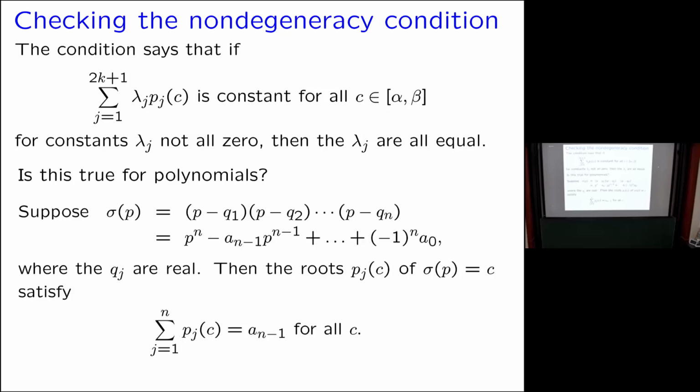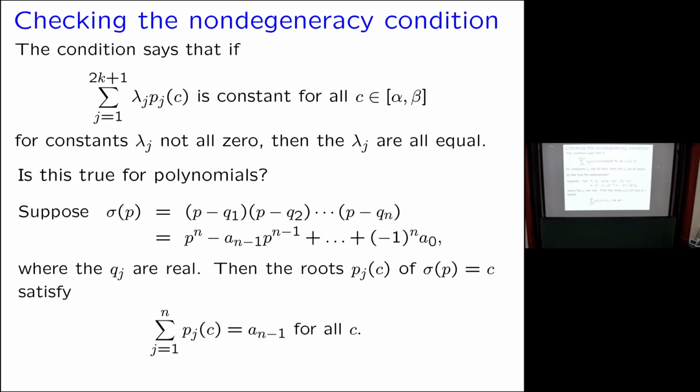Well, suppose you've got a polynomial sigma, which is p minus q1 times p minus q2 up to p minus qn, with real roots qi. So it's a real polynomial. Then, of course, the roots of sigma of p equals c satisfy, by Newton's formula, that the sum of the roots is just the coefficient a n minus 1.